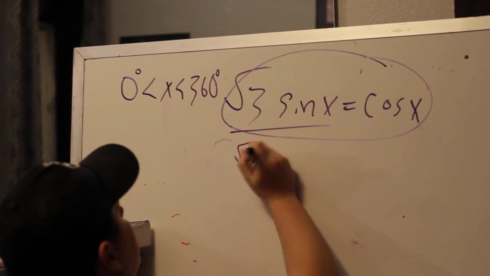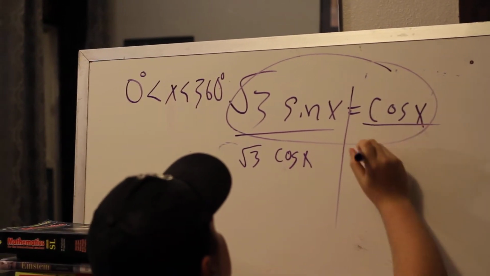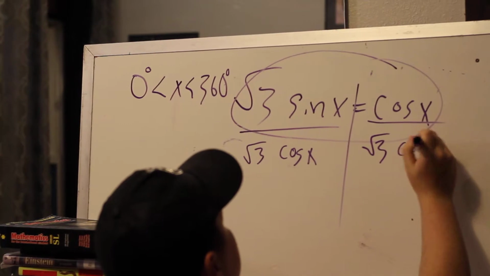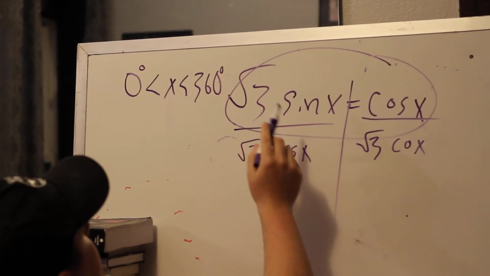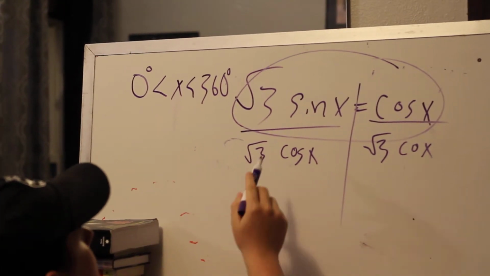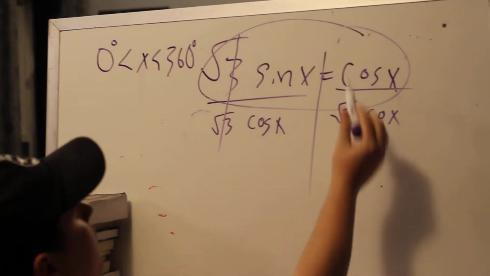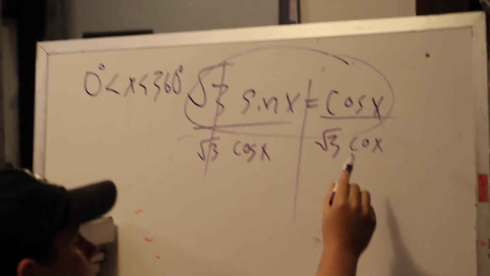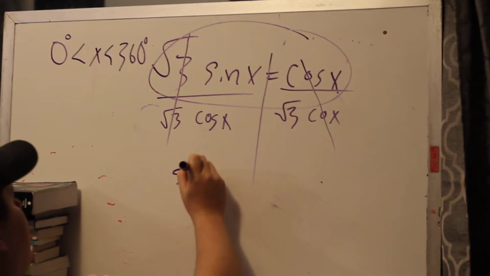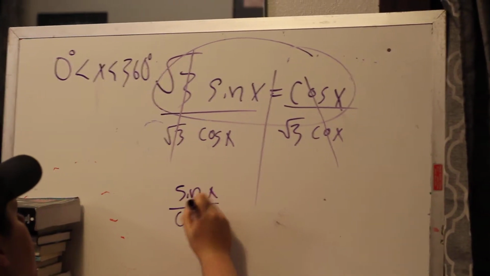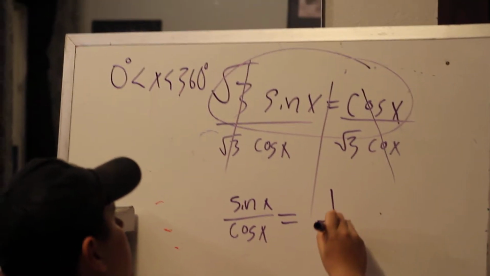We see square root of 3 sine x over square root of 3 cosine x. We have square root of 3's that we can cancel out. Over here on this side we have cosine of x's that we can cancel out. This leaves us with sine of x over cosine of x equals 1 over square root of 3.